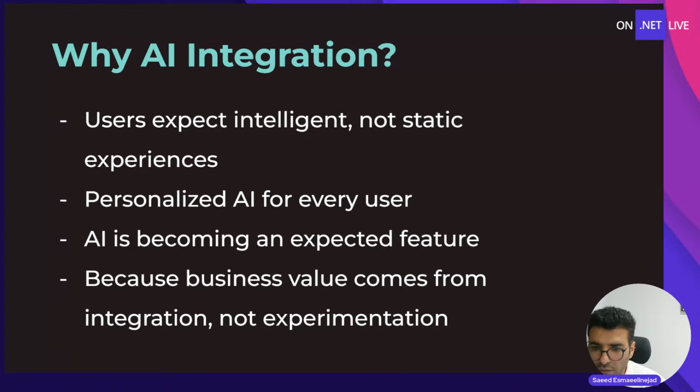Also, given that users are coming to your website using your product, AI is becoming an expected feature. If you remember, maybe 10 years ago, in 2010 or 2015, a mobile application was an expected feature for all products.